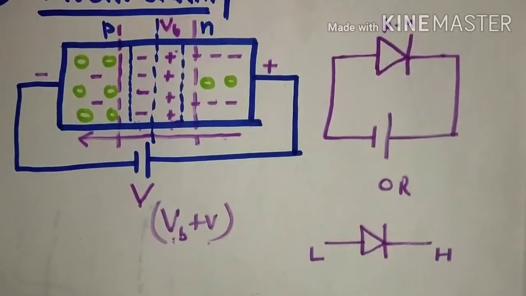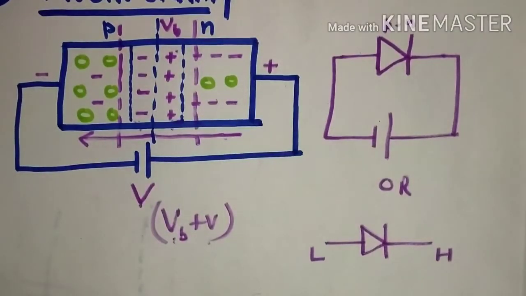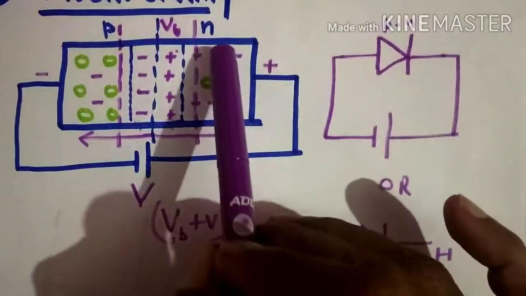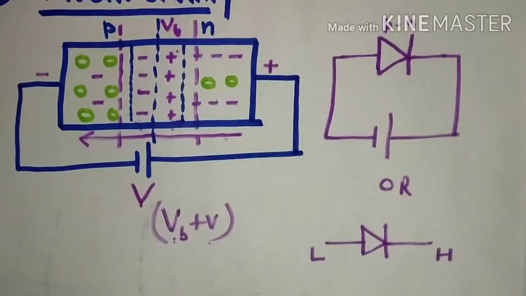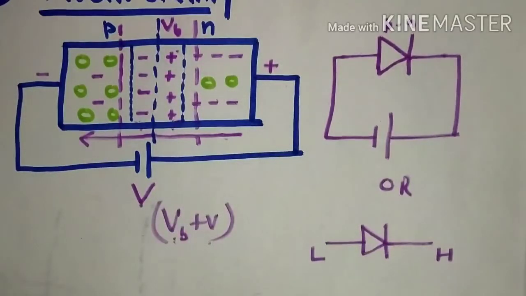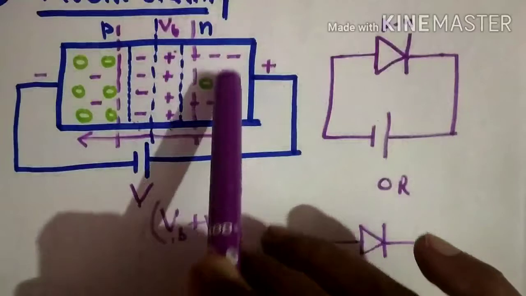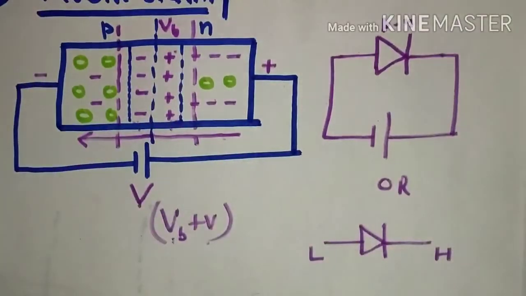But what happens if we keep on increasing the reverse voltage? The energy of the current carriers in the N region and in the P region keeps on increasing, and there comes a time when a large number of covalent bonds in the N region and in the P region are broken because of the increased reverse voltage.